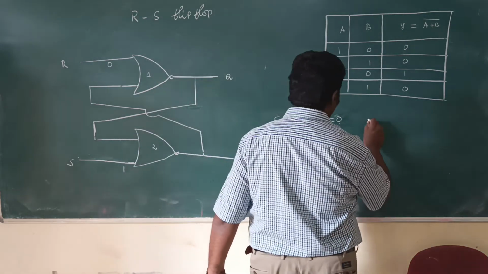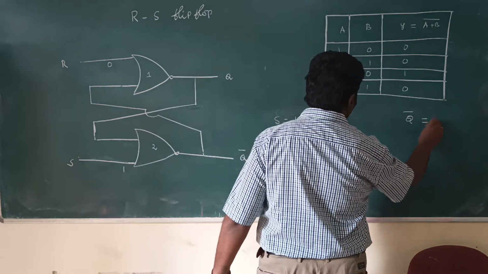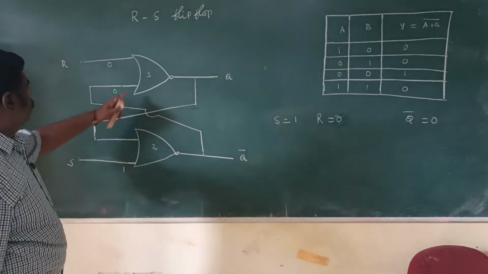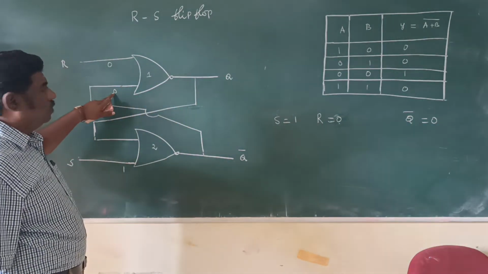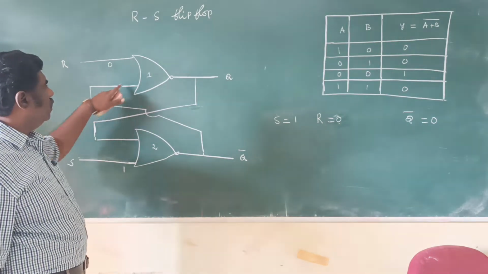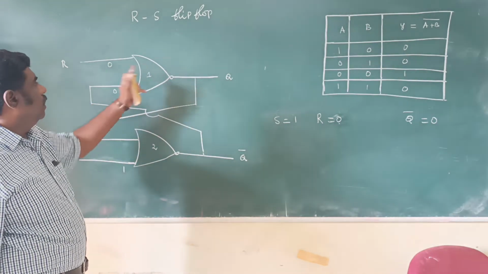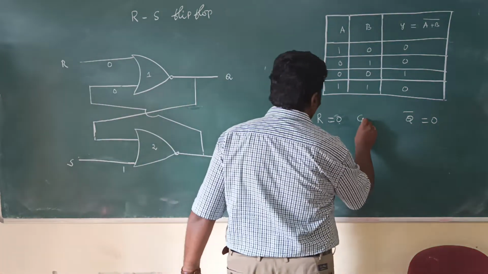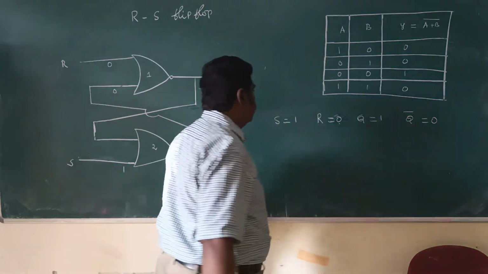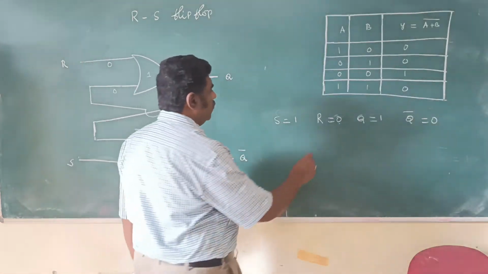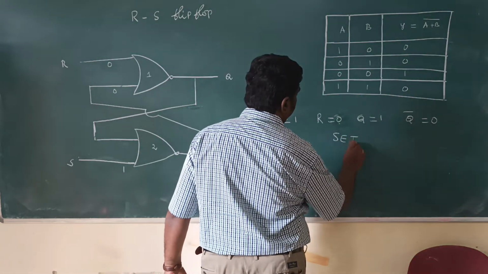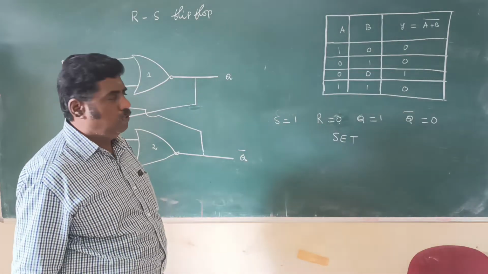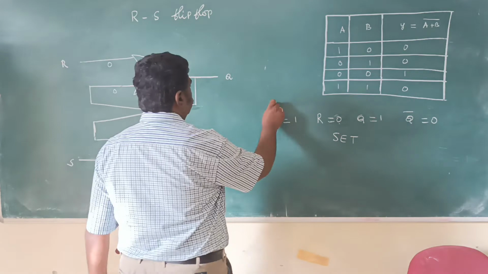So the value of Q bar is equal to 0. This 0 is given as an input. If you think about the first NOR gate, 0, 0: if both the inputs are low, the output is high. That is the logic of NOR. So the value of Q is 1. Under this condition, the flip-flop is in the set state. It is the set state because Q is 1, Q bar is 0. This is case 3.